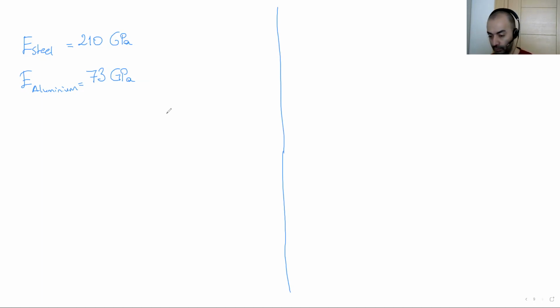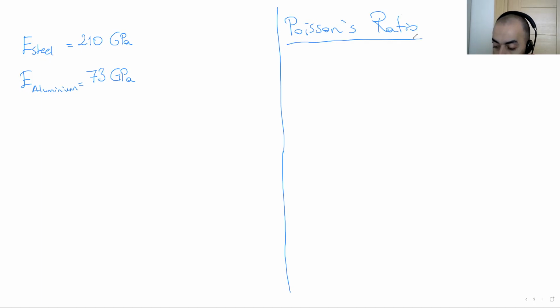Okay, now what we have, allowable stresses, Poisson ratio. This is another material property.